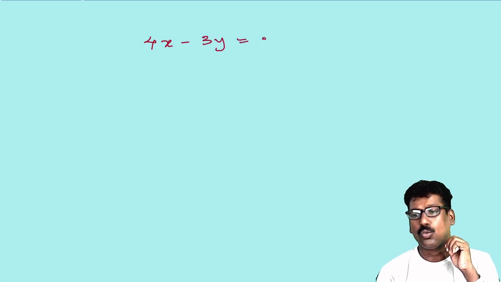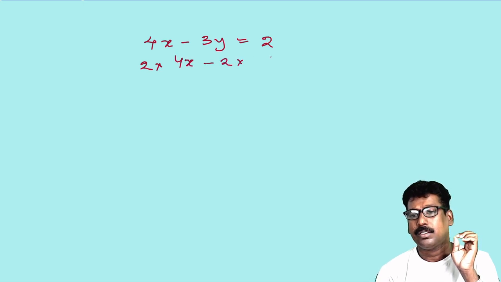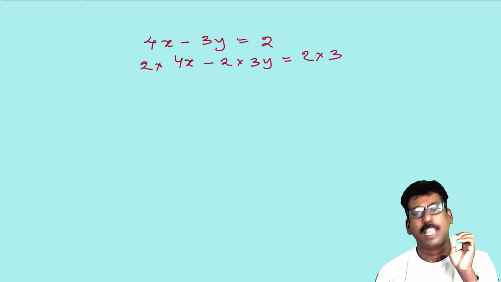If an equation is 4x minus 3y is equal to 2. Now if you multiply any number, let it be 2, to this equation, it is same as 4x minus 3y is equal to 2.